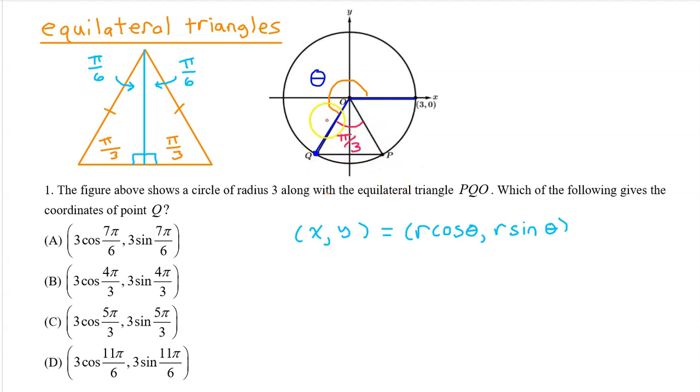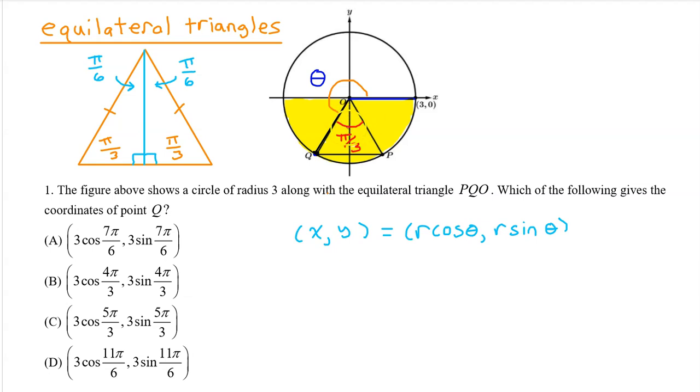Because they told us the triangle is an equilateral triangle, we know that every angle is pi over 3, including this red angle right here. We also know that a semicircle is pi radians. That means this red angle in the middle is pi over 3. That's literally a third of pi.